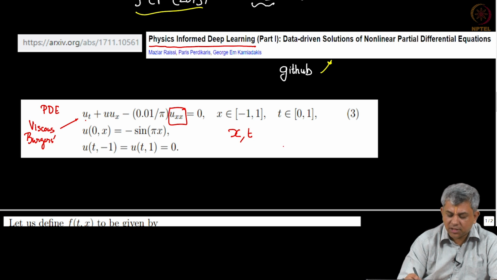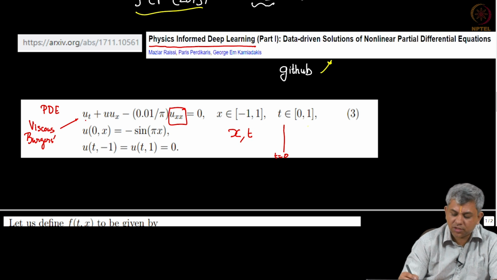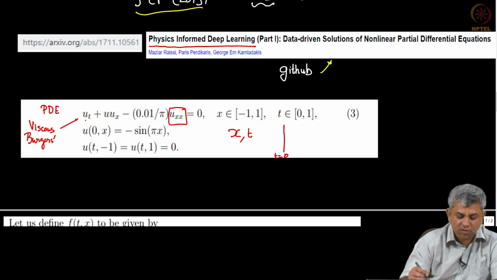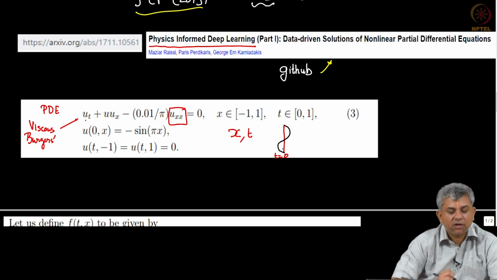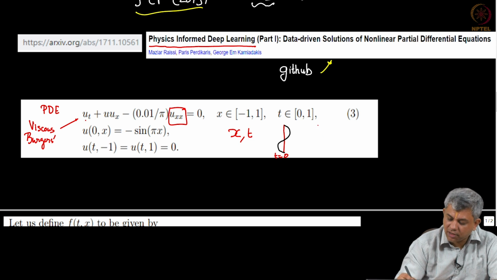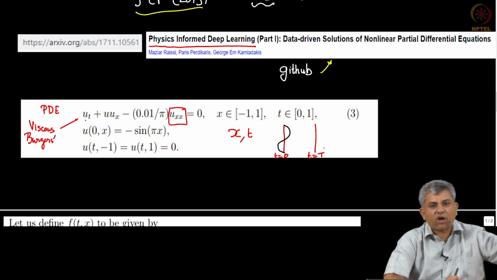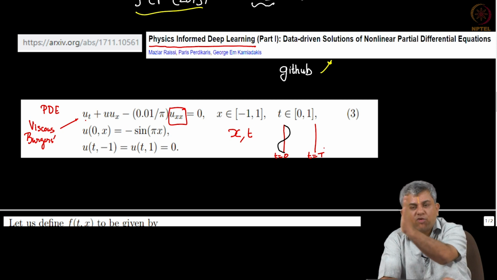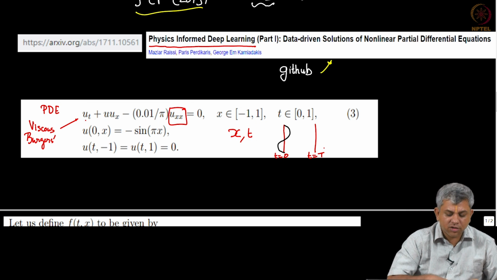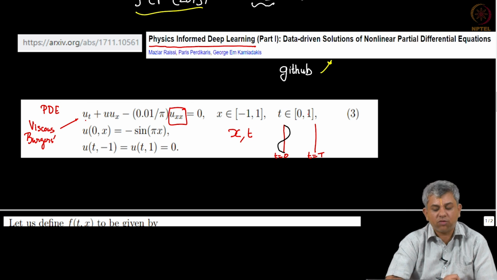So, what happens is at some initial time t equal to 0, you know what the function looks like. In this case they have said that at time t equal to 0, my function looks like sin x. The question is, what does it look like at a later time? So, this is called marching. Okay. You start from t equal to 0 and you slowly move forward in time, and they want the solution from t equal to 0 to t equal to 1.